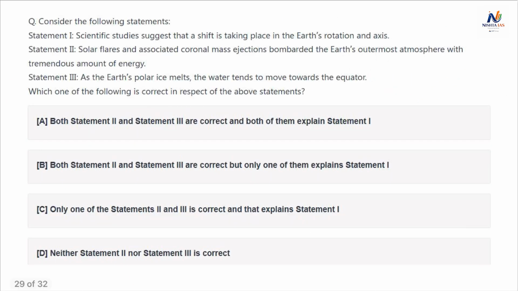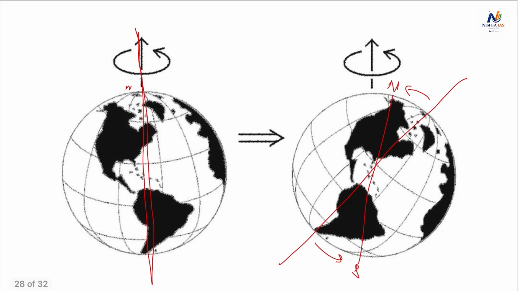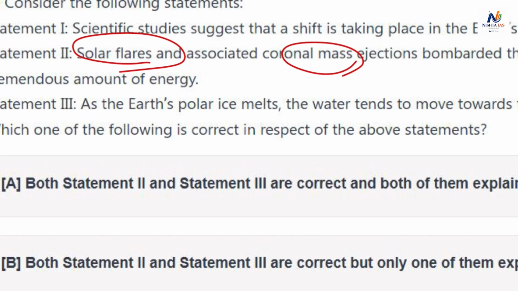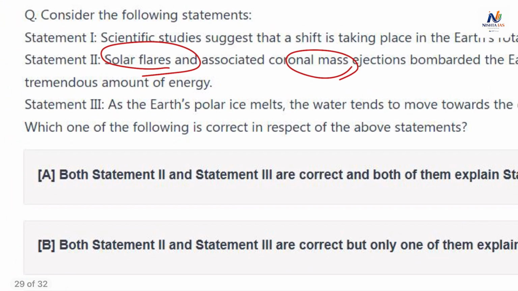Then coming to next, friends, here is a question which is important to the rotation of Earth's axis. Here we saw that whenever we want the polar wandering to happen, significantly the plate tectonics should move, or the continents should move, and merely by the solar flares or the electromagnetic surge, we cannot have the movement of the poles. So the rotation of Earth at its axis and also the movement of poles will never happen because of the solar flares.